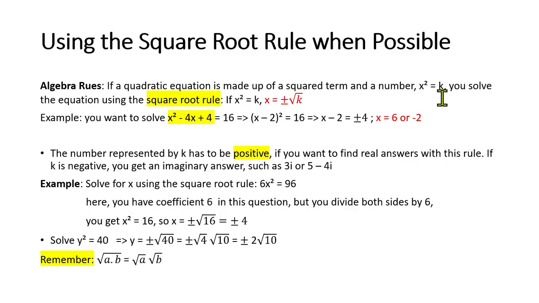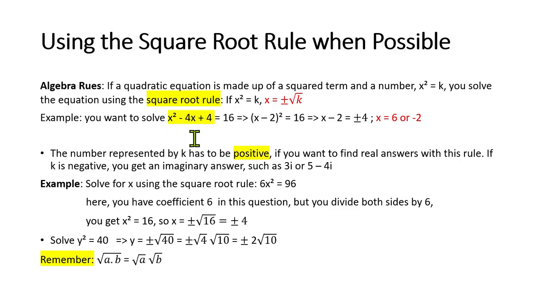Suppose you have x squared equals k, then how do you solve for x? x equals, of course, you can take the exponent power 1/2. Then that is x equals plus or minus the square root of k.